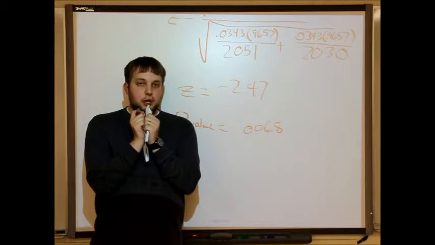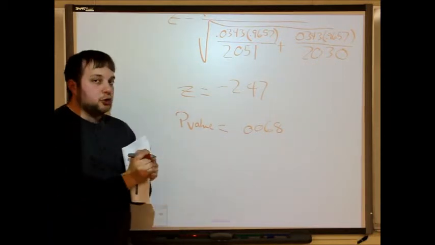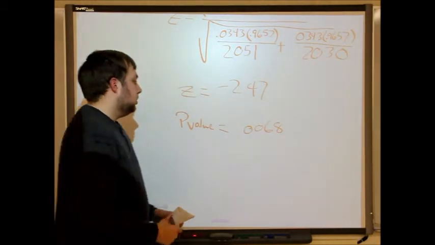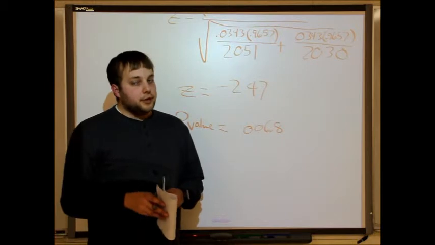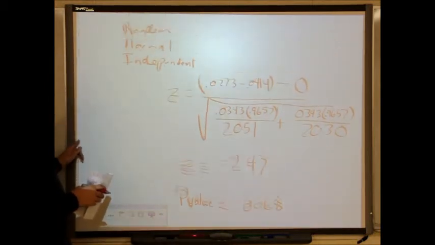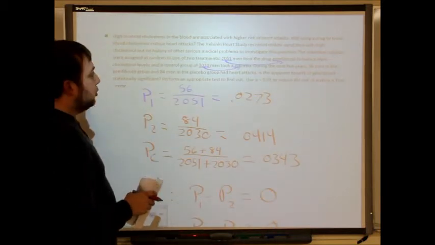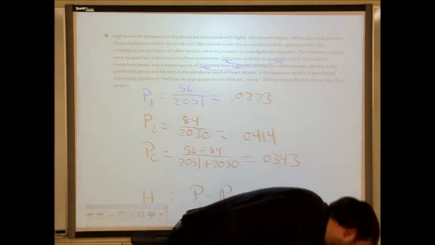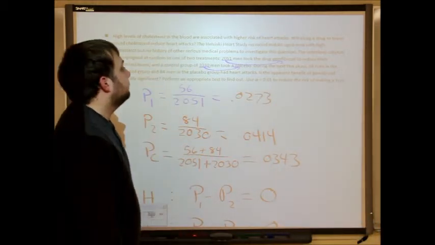That is really small, less than 1% chance of getting my sample if the true possibility was 0. I don't think it was probably really 0. I really think that there's probably a difference between the two methods of improving cholesterol level.